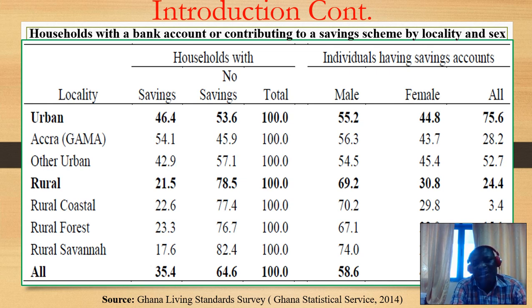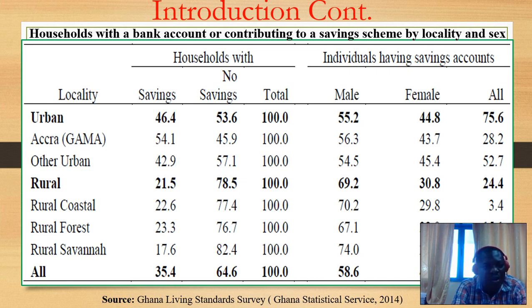In rural forest areas, mostly our farming areas, only 23% are saving and over 76% are not saving. In rural savanna, mainly in the northern rural areas of the country, only 17.6% are saving and 82.4% are not saving.